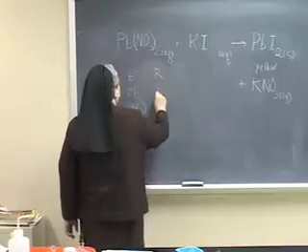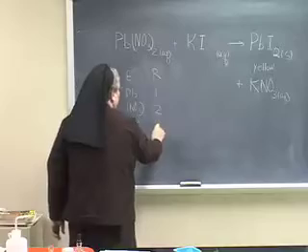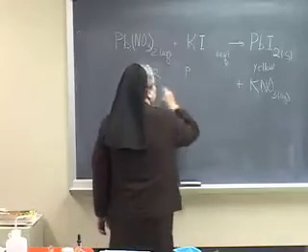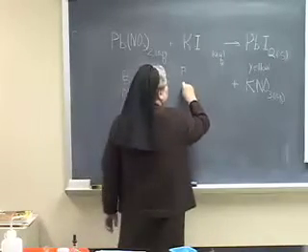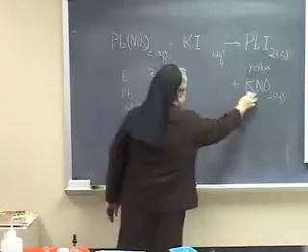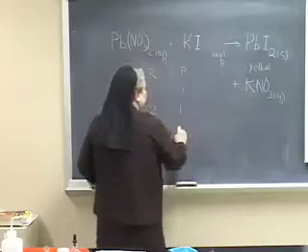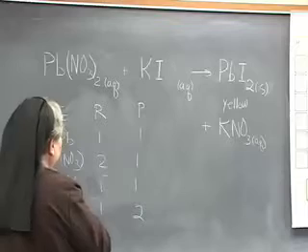I have 1 lead, 2 nitrates, 1 potassium, and 1 iodine. How many do I have as a product? I have 1 lead, 1 nitrate, 1 potassium, and 2 iodides.